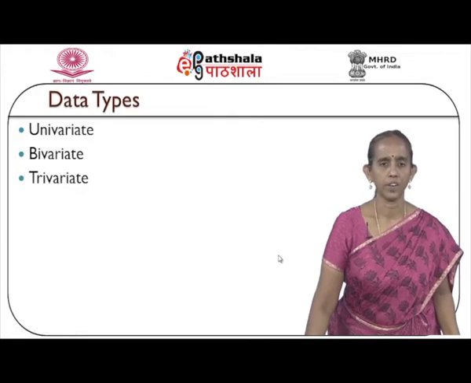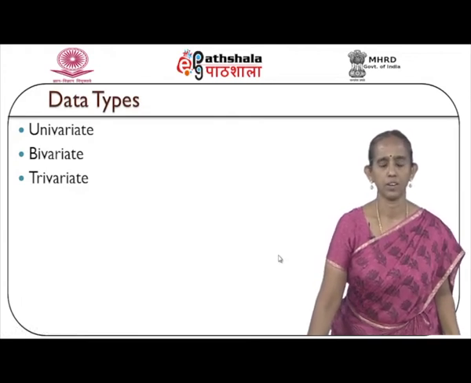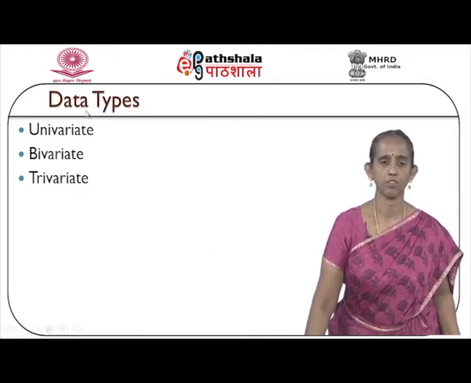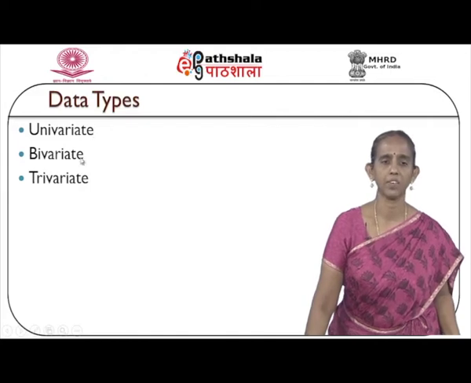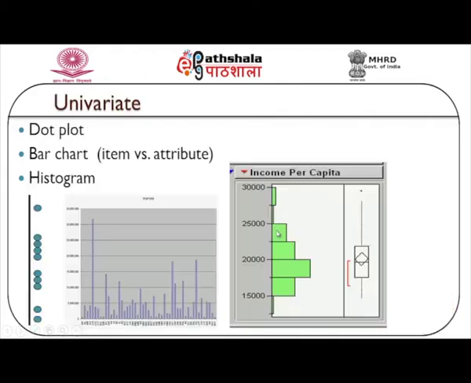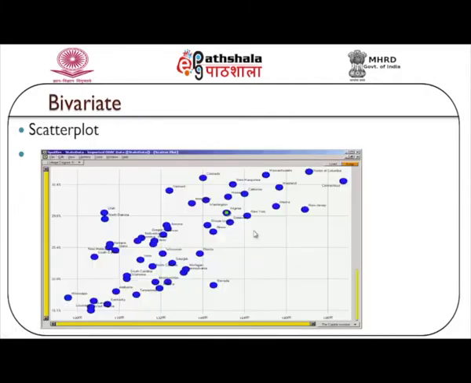Then based on the data types, the visualization can also be classified as univariate data, bivariate data, and then trivariate data visualization. In univariate data visualization, we can see usually the plots are in the form of a dot plot, or it can be in the form of a bar chart, or it can be in the form of a histogram. So these are examples of visualization of the univariate data type.